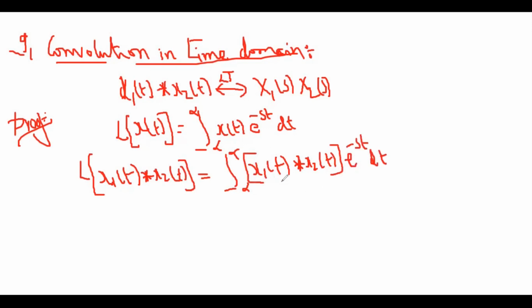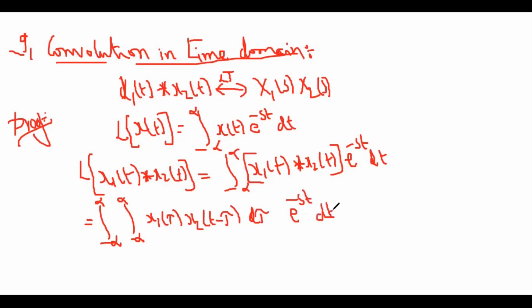Okay, now use the definition of the convolution. Apply here: it is equal to the integral from minus infinity to infinity, within the bracket, the convolution integral, the integral from minus infinity to infinity of x1 of tau, x2 of t minus tau dtau, into e power minus st dt. I apply the definition of the convolution here, x1 of tau, x2 of t minus tau dtau.